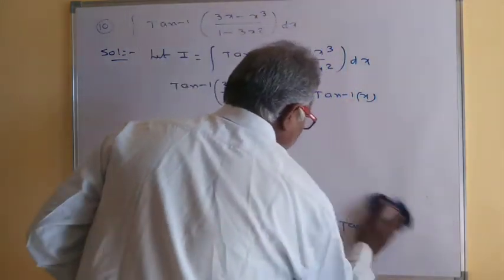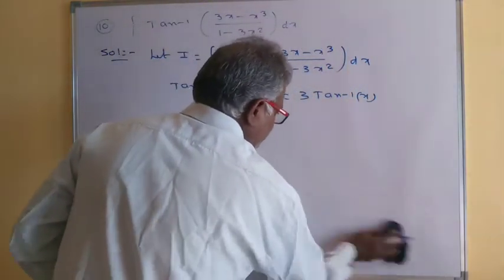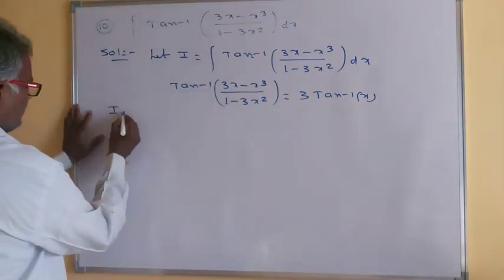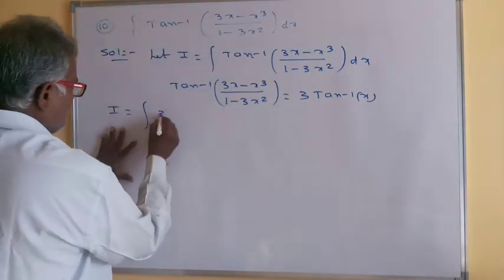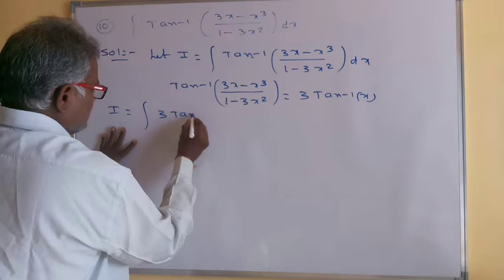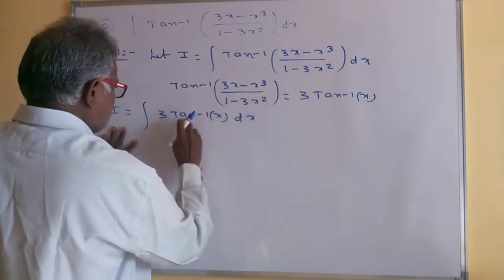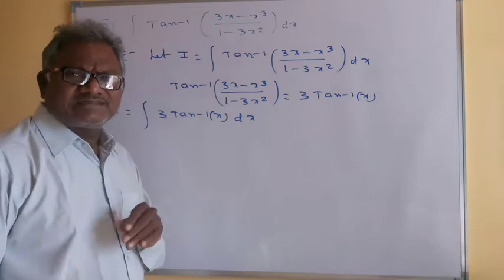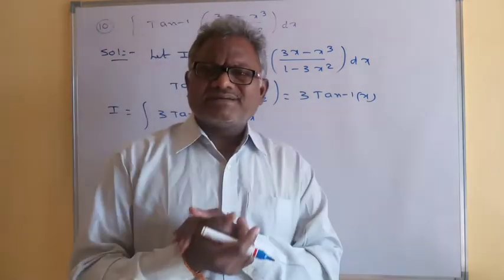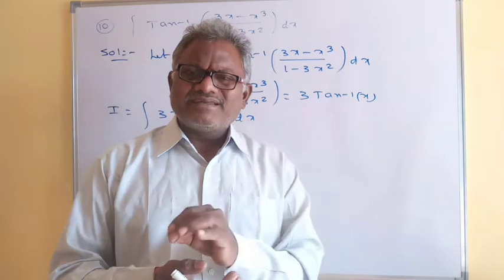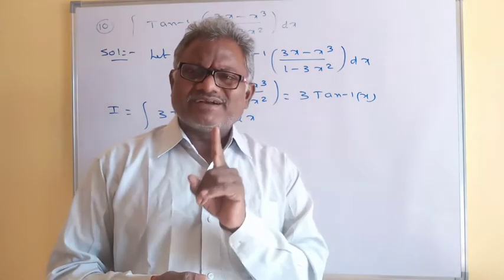Now you see, therefore I is equal to the integral of 3 tan inverse x dx. So here an inverse function is there. To evaluate an inverse function, simply consider the second function as unity, that is 1.